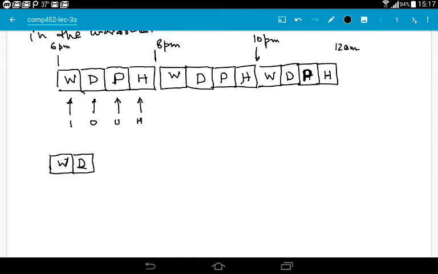And what Irfan Iqbal does is he gets a new load and puts it in the washer. So this was 6 o'clock, this was 6:30, this was 7 o'clock.